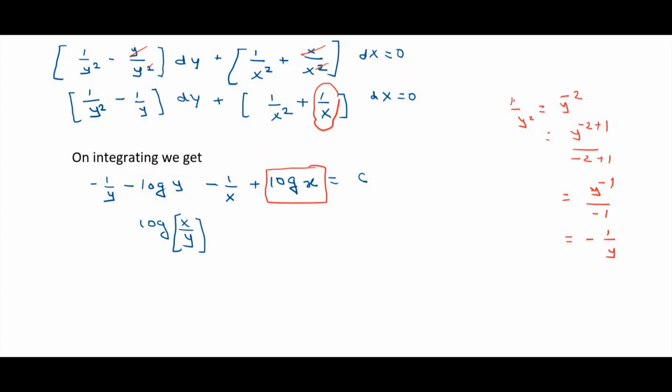The remaining terms are minus 1 by x and minus 1 by y. If you take minus outside, we are left with 1 by x plus 1 by y is equal to c. So this is the required solution.